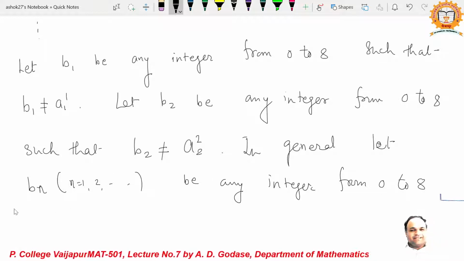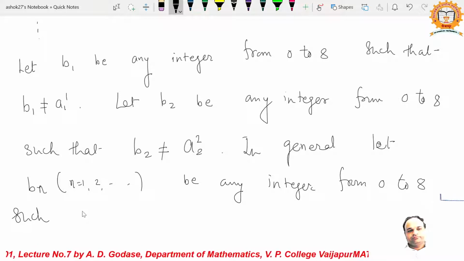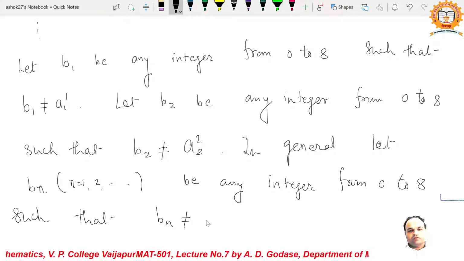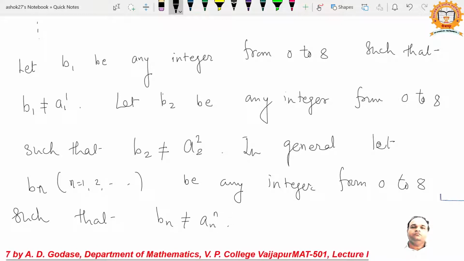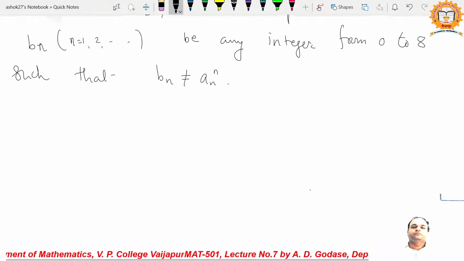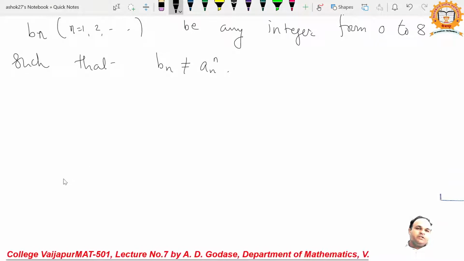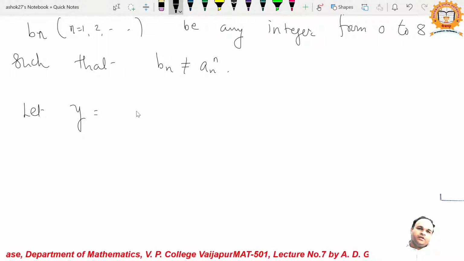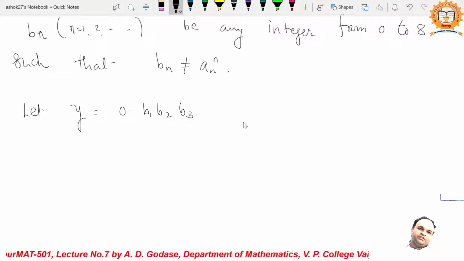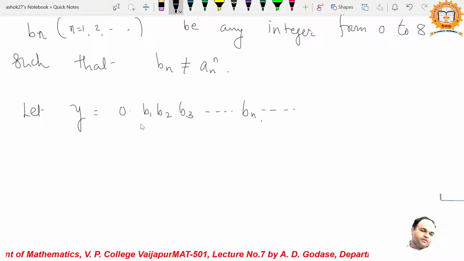Such that bn is different from ann. Next, let y be 0.b1 b2 b3 up to bn, and it goes to infinity.